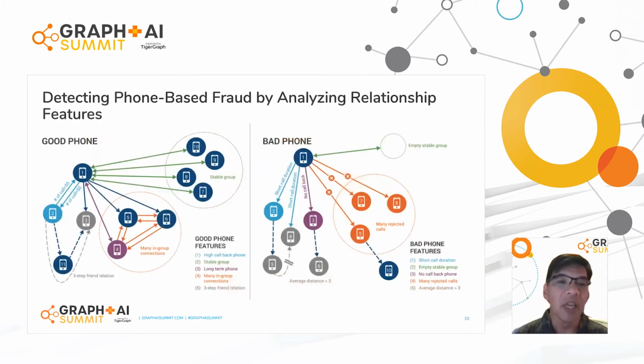And finally, just to give you an example of some of the graph features I'm talking about, here's an example of a phone call graph used to detect phone-based fraud. Each node is a phone, and each edge or connection is a phone call. Based on collecting the historical data of past phone calls, we can search for patterns, such as, is there a community of people that call each other frequently?